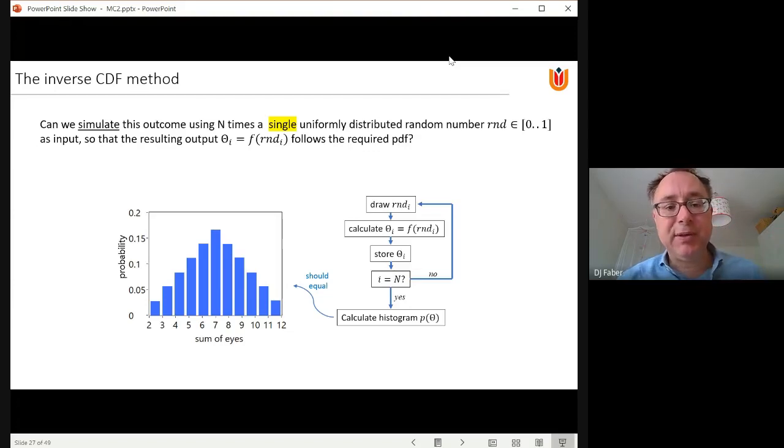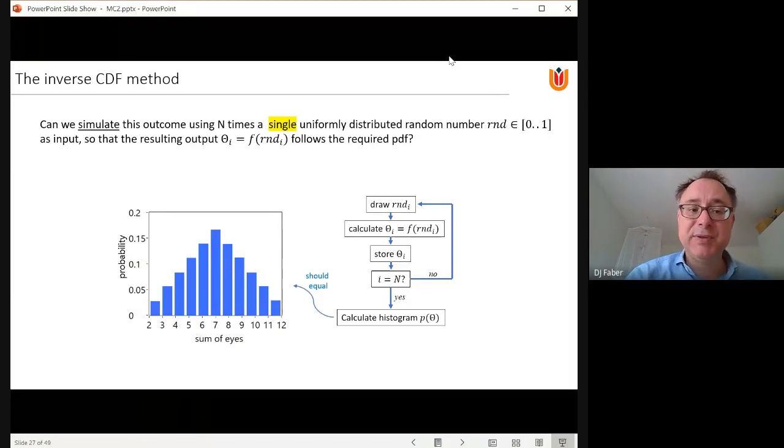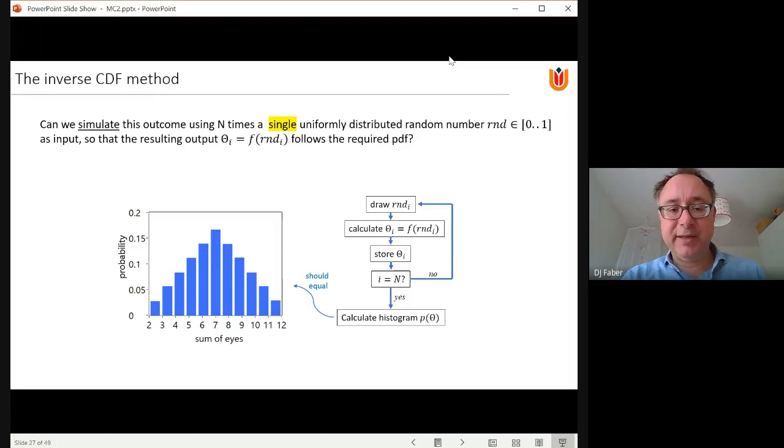The resulting output, so we're going to generate a random number between 0 and 1 as an input, so that the resulting output theta_i, where the subscript i stands for the index of the random number, we're going to do this many times, follows the required f of random, the function of the random number follows the required probability density function. And the required probability density function is what you see in the graph here.